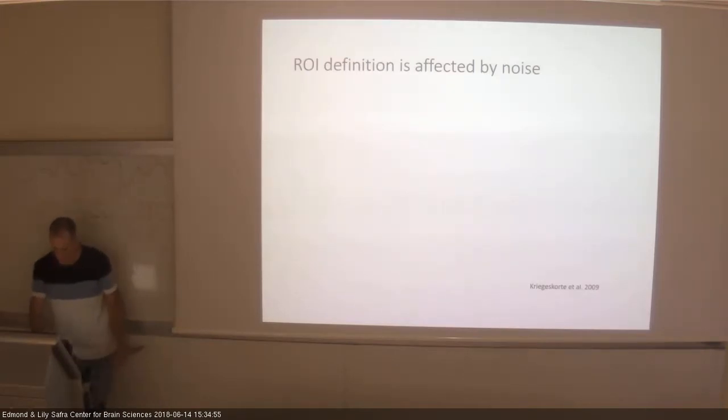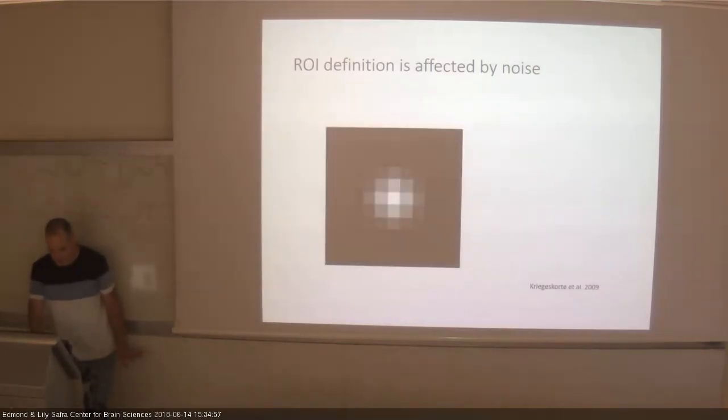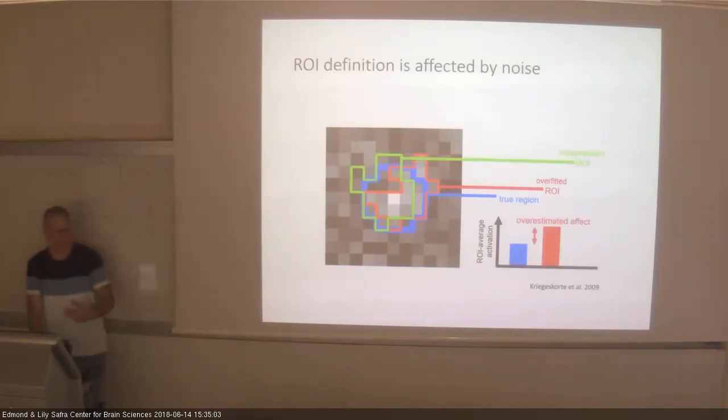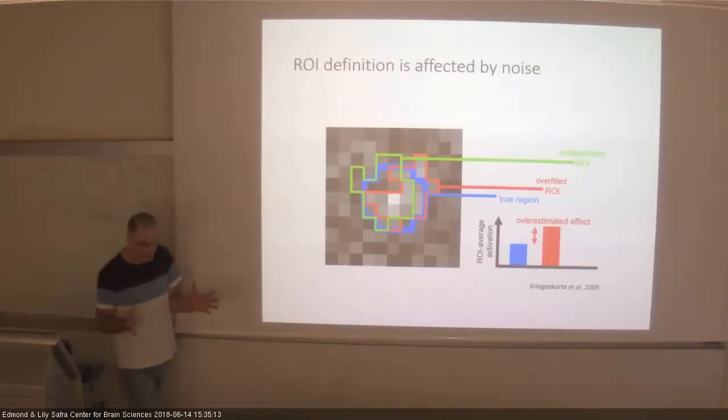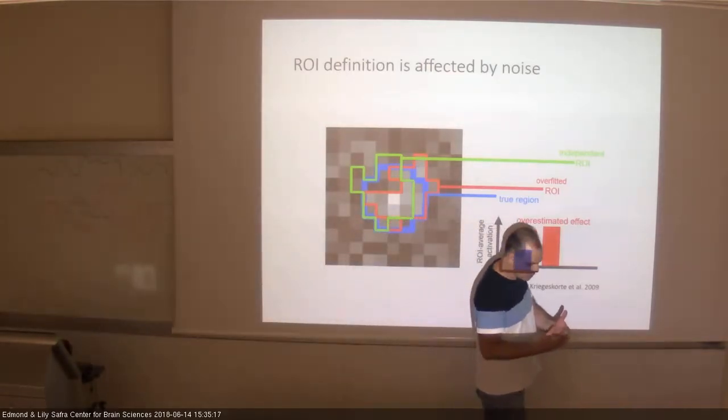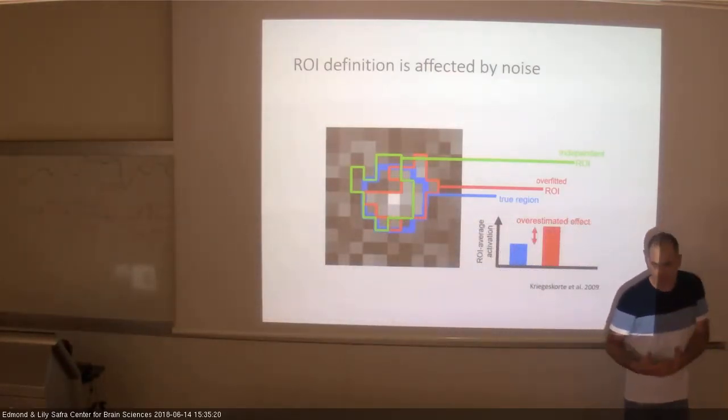I'm not going to talk about this, I'm just going to say in one sentence, remember that, you probably won't, but I'll say it anyway, you have to have an independent task when you're defining your region of interest. And that is because whatever result you have in science is always a combination of an effect and noise.